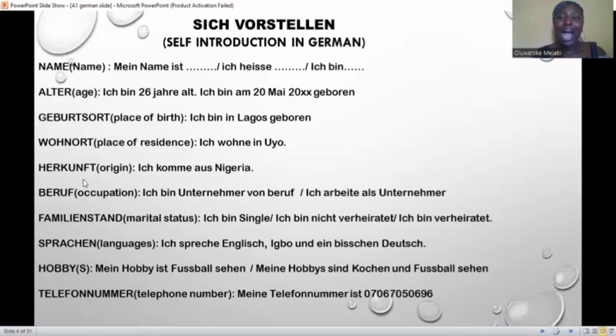So that is how to introduce yourself in German. I'm going to read everything again from the beginning, and I hope that you will be able to pronounce it once I'm done. Mein Name ist Oluwatoke, or ich heiße Oluwatoke, or ich bin Oluwatoke.